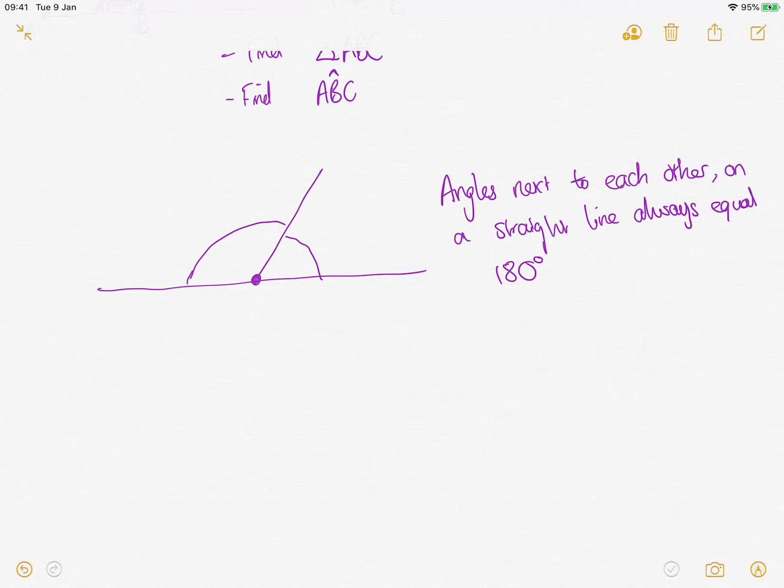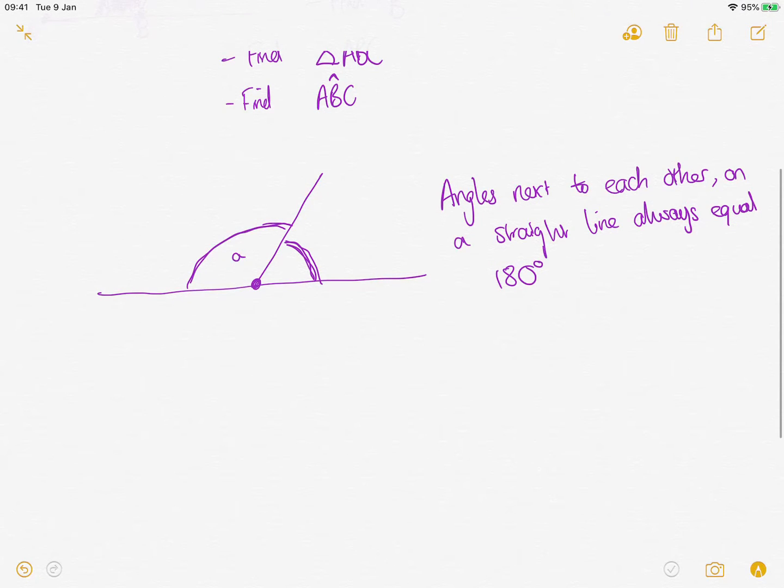So let's say I measured this and I measured this angle here, they would equal 180 degrees. If my drawing is a little bit inaccurate because I haven't used a ruler, but say I called this angle A and this angle B, then A plus B will always equal 180 degrees. Don't forget your degree sign there as well.